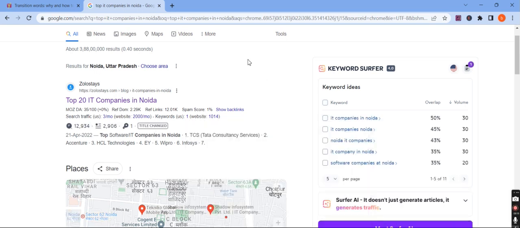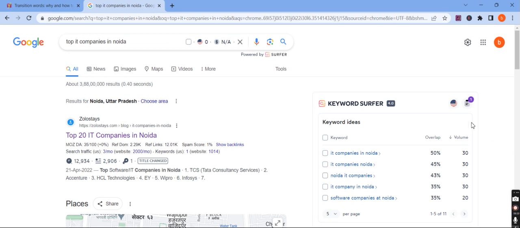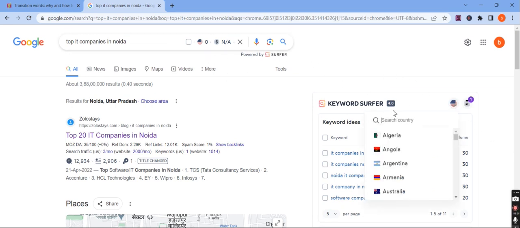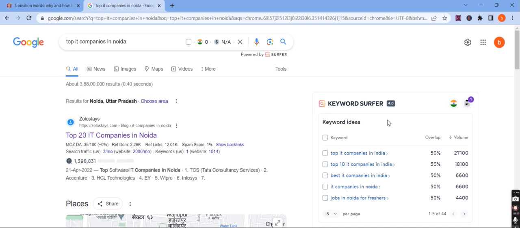And if you install this Surfer SEO Chrome extension, you'll get keyword ideas. You will see for India location the keyword density, the keyword volume, and different things.